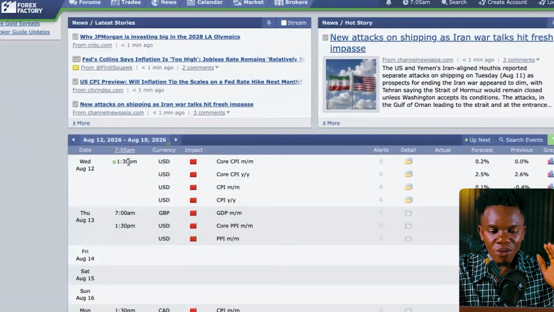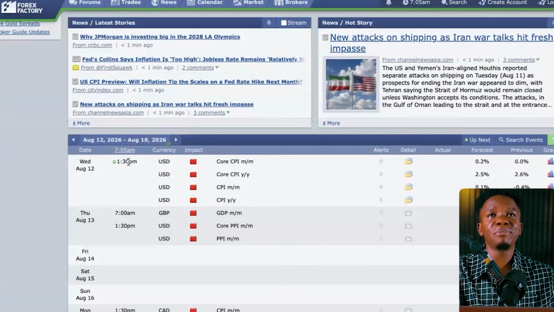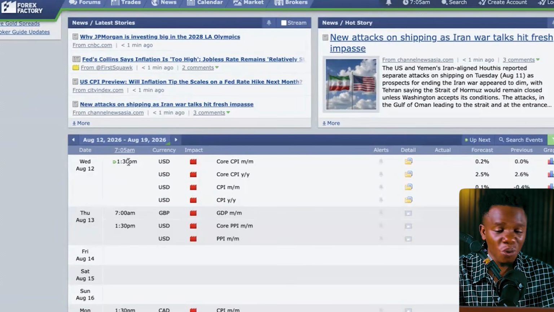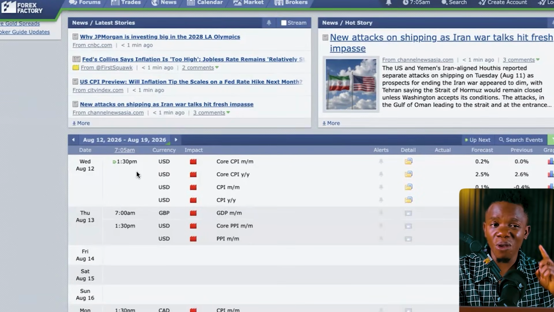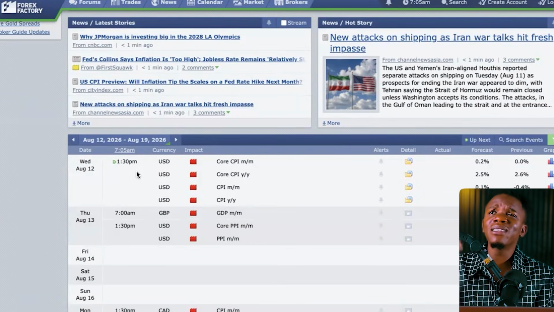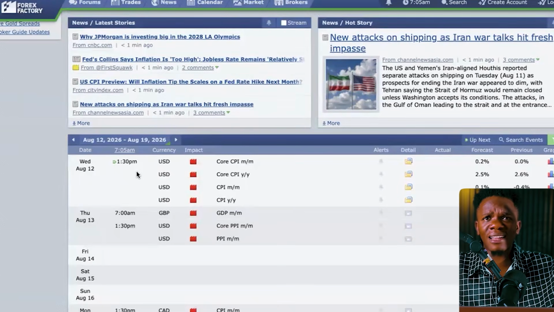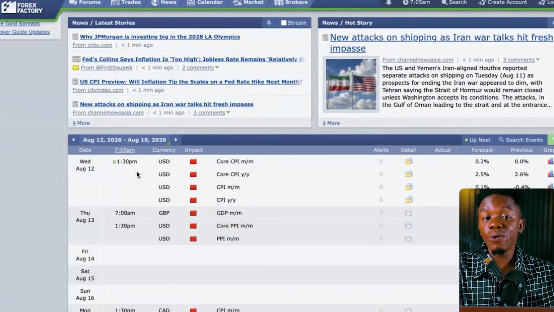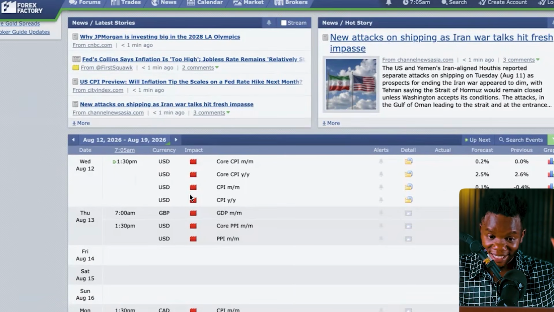Now, the mistake that many traders make, especially beginner or intermediate traders, is that they wait patiently, I don't know if it's called a strategy. They will wait like 5 minutes before the news or 10 minutes before. They just have a specific period that they wait before the news, then they place the trade. Many of them are just interested in that volatility.